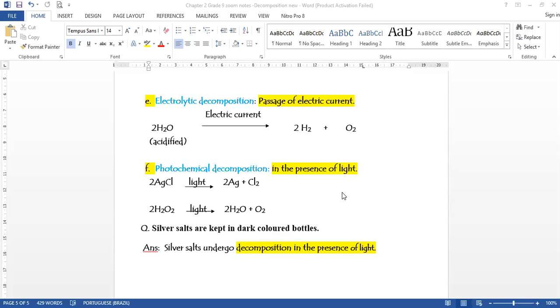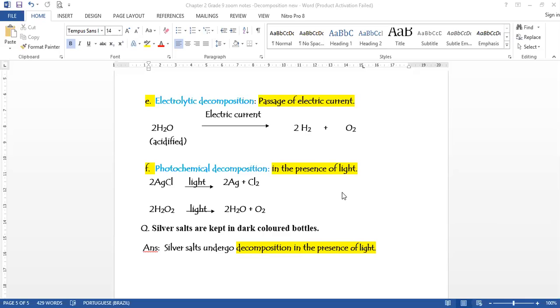Then there is a question which can be asked from this part, so study that properly. The question will be: silver salts are kept in dark colored bottles. Why? The reason is that silver salts undergo decomposition in the presence of light. To prevent the decomposition of those silver salts, we keep them in dark colored bottles.